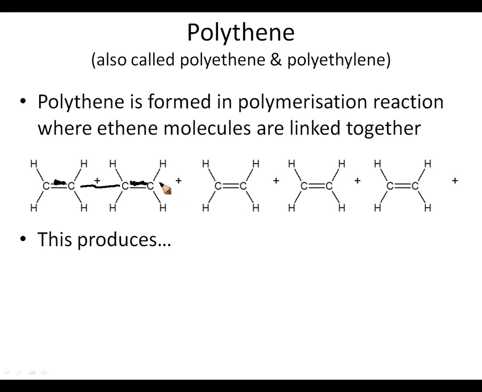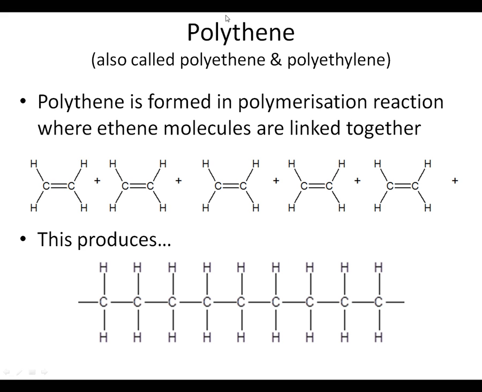So we'll link that together, and then over here this will break open and we'll get one electron out there and one electron there, so we'll get a bond forming between them. And so when those double bonds break open, we can link them all together to produce polythene.